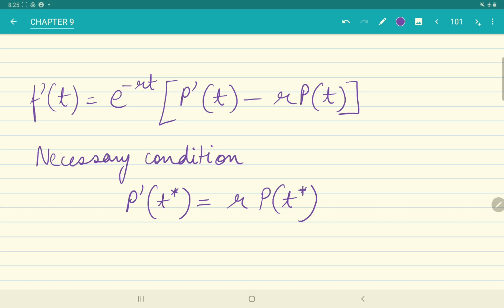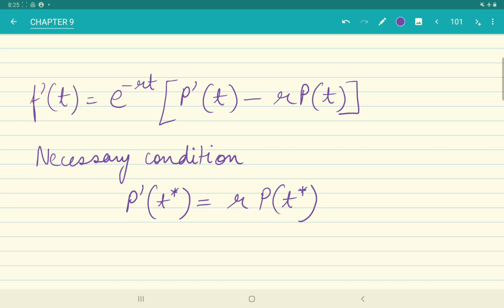That means the tree has to be cut down at time T star, and T star is characterized by the fact that P prime T star is exactly equal to R P of T star. So we can say that the increase in P prime T star is nothing but the increase in the value of the tree over that time interval.